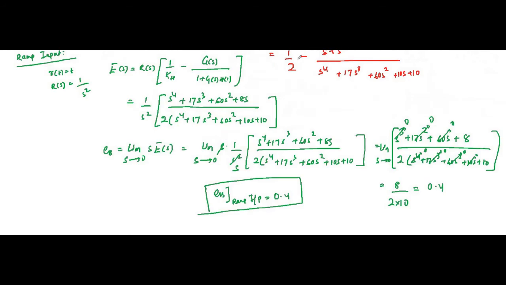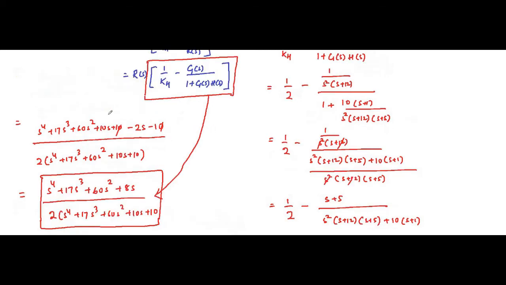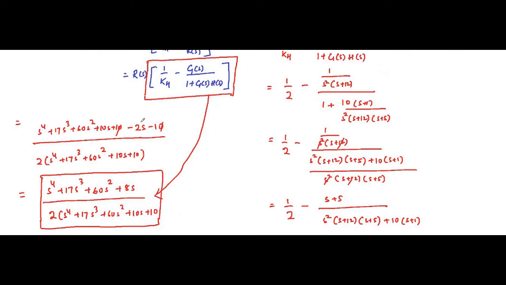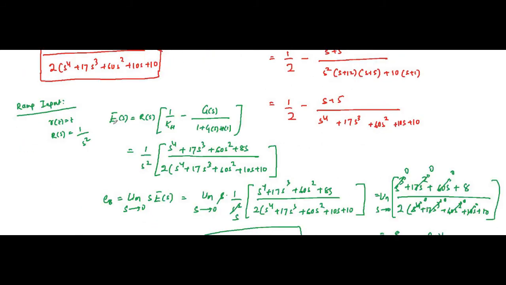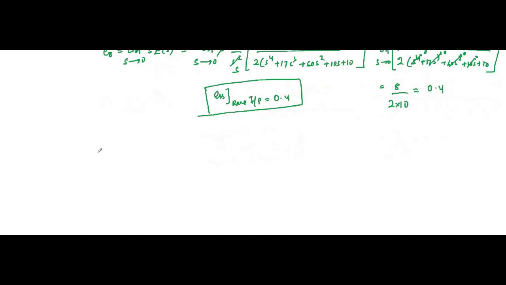Then we have parabolic input. So for parabolic input, again the process is the same, just we have to substitute R(s) with 1 by s cube.